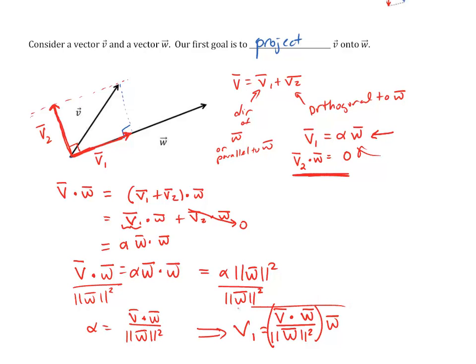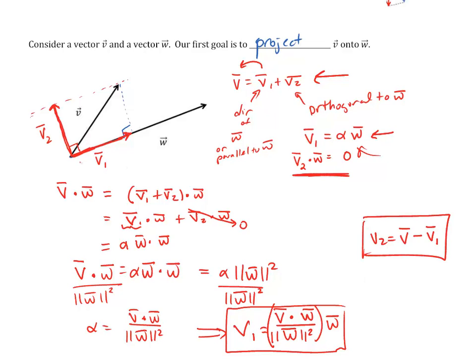This is the v1. And to get v2, simply look back at this. If you know v1 and you know v, v2 is going to be v minus v1. Just move this to the other side here. And there you go. You have now taken v and turned it into how much of its vector or force or whatever it's representing is moving in the w direction and how much of it is moving orthogonal to it.